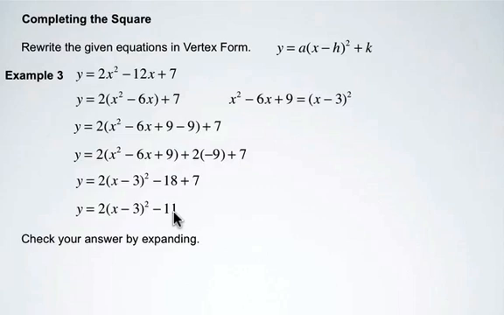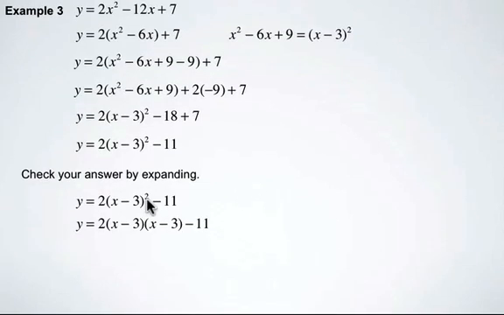We can now check our answer by expanding. So let's try it out. We're expanding here, x minus 3 times x minus 3. So we have 2 times x squared minus 6x plus 9, minus 11.